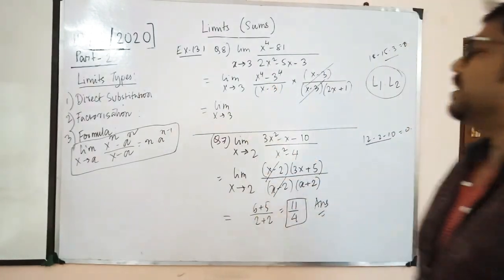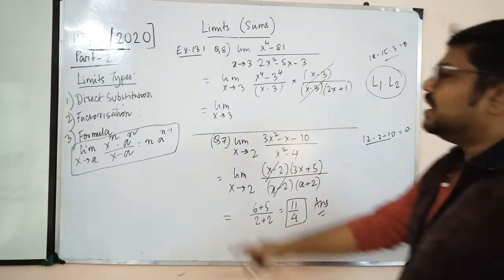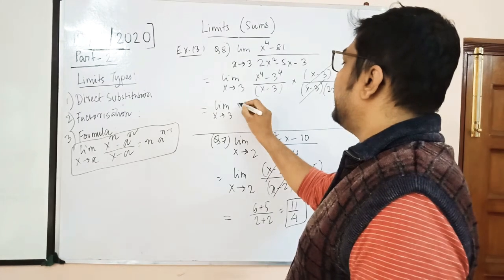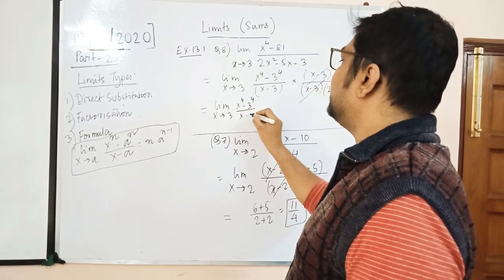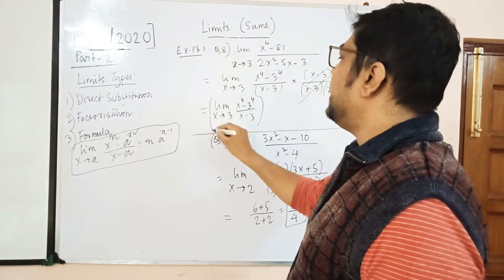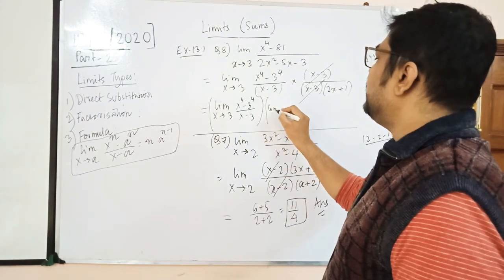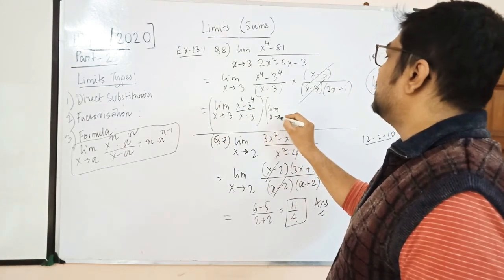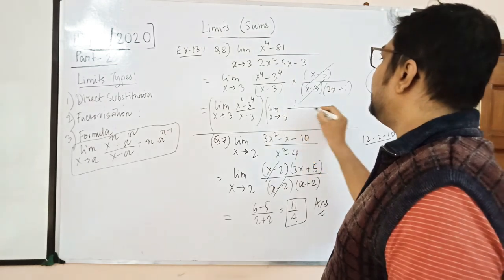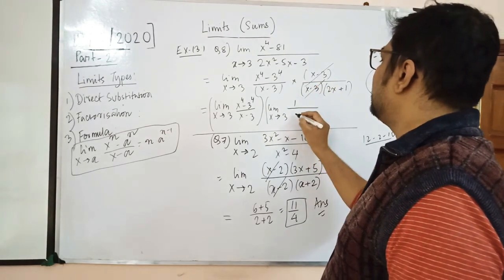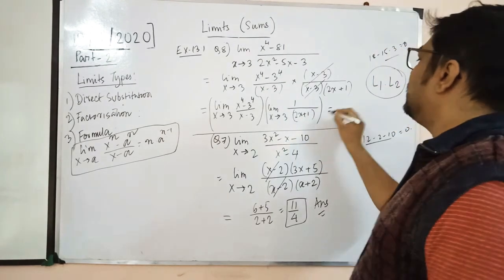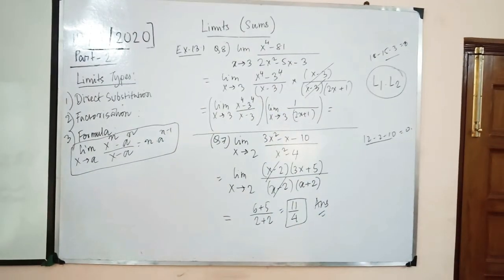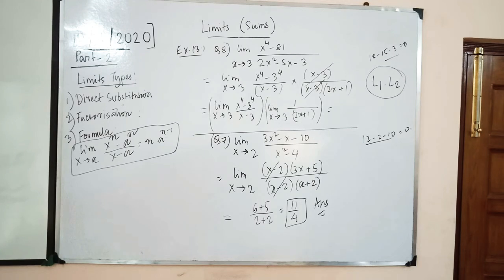See, it actually resembles the formula over here I have written. x to the power 4 minus 3 to the power 4 by x minus 3. This is my L1, and what is L2? L2 is limit x extends to 3, 1 by 2x plus 1.